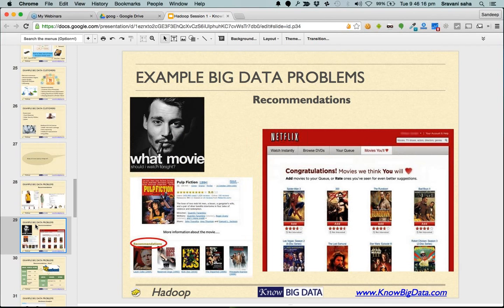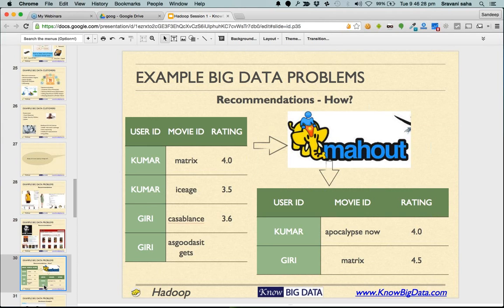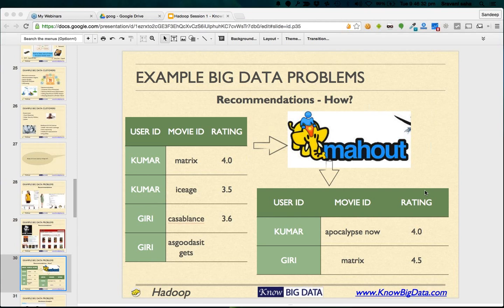The recommendation could go further into details. They take all the reviews about various movies from you, and then they recommend that you may also like this movie.